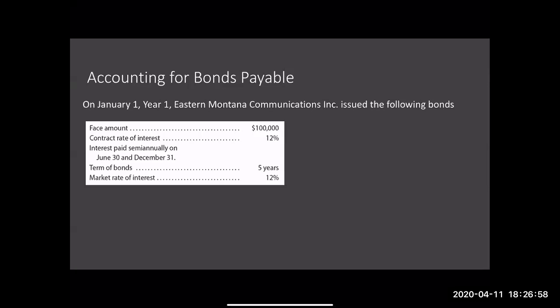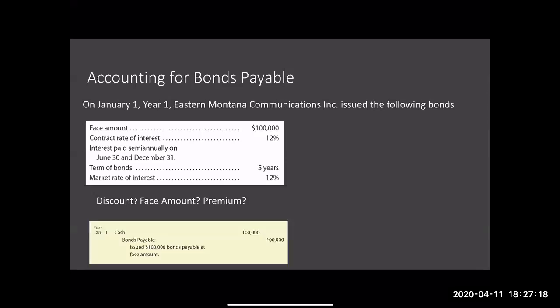All right, so with that, let's see if we can answer this question. Based on the information provided about Eastern Montana Communication Inc., will this bond be issued at a discount, face amount, or premium? So pause it, look through it, let me know. Hopefully you paused it and came up with the fact that it will be sold at face amount.